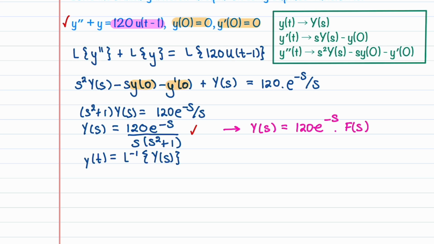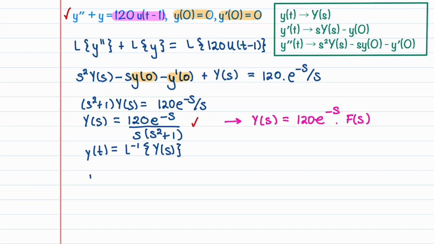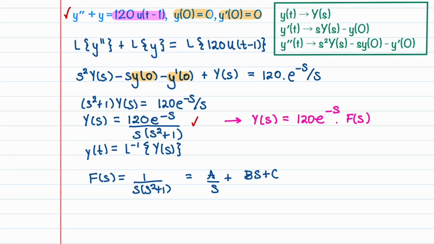Let's first find the inverse Laplace transform of capital F of s. Using partial fractions, we're going to write capital F of s as 1 all divided by s times s squared plus 1. We'll split this up as a divided by s plus bs plus c, all divided by s squared plus 1. That's because we have a quadratic in the denominator, and our denominator is s squared plus 1.